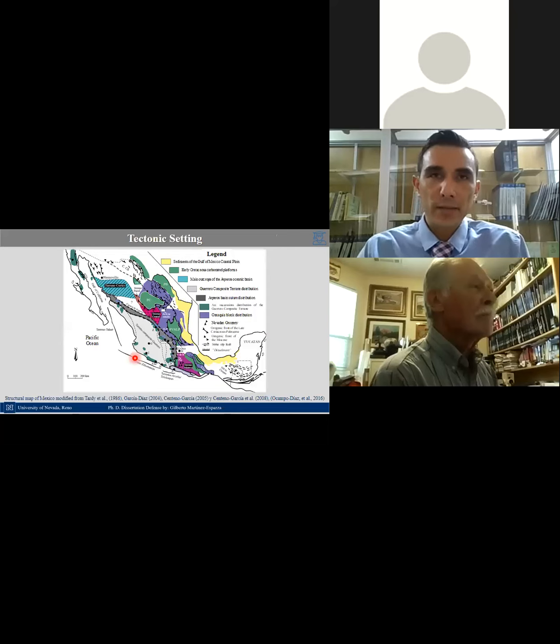So the tectonostratigraphic configuration, as I mentioned, is complex, and all the tectonic structural features in this region are complex.